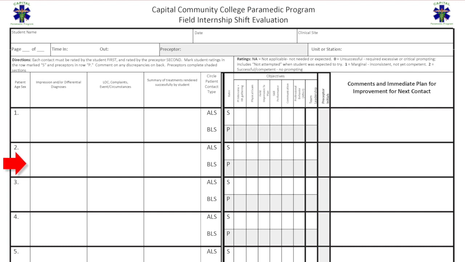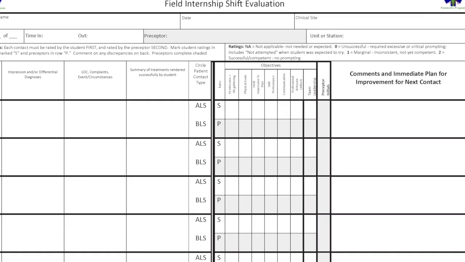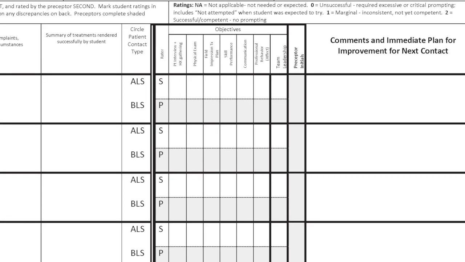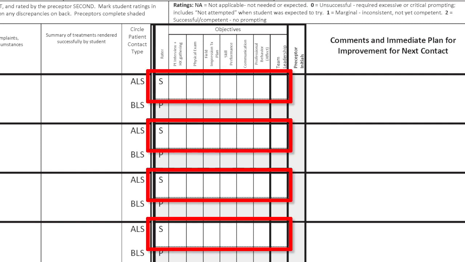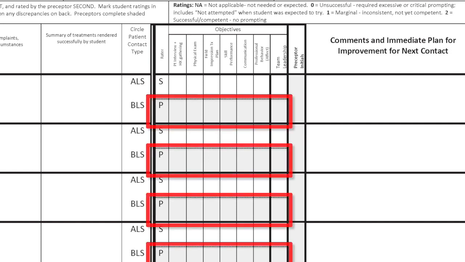Every patient interaction should be evaluated. The student should mark their self-evaluation ratings in the row labeled S. The preceptor should document his or her rating of the student in the row marked P. The preceptor should continue to document all shaded sections after the student has completed all of the sections required.